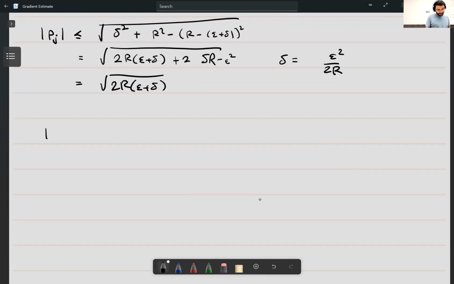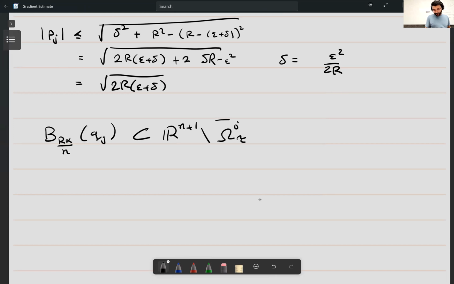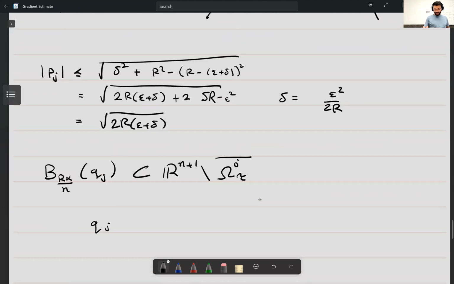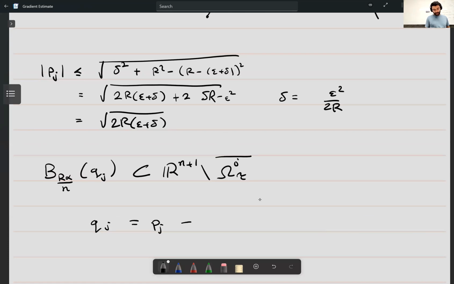If I take the ball B_{r alpha/n}(q_j), that is contained in R^{n+1} minus M_{j,tau}, where this point q_j, here's the normal vector, nu_j(p_j, tau). The ball's center q is in that direction, so it equals p_j plus r alpha on n times nu_j(p_j, tau).